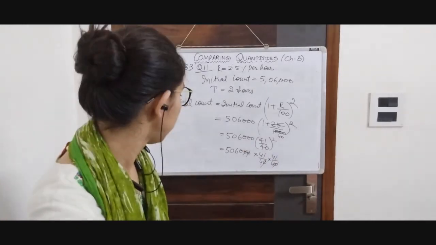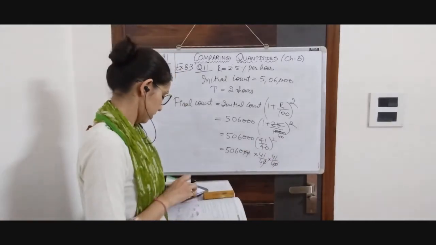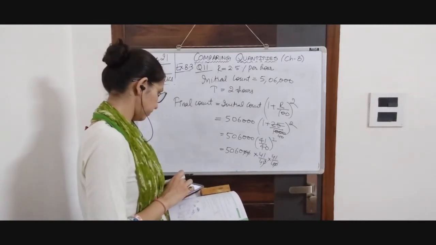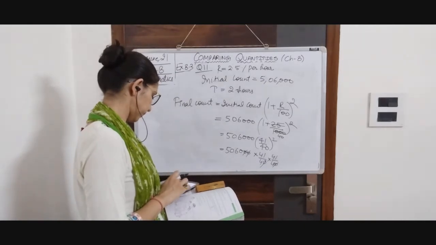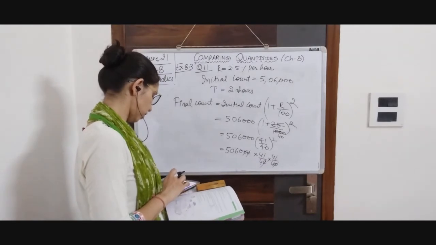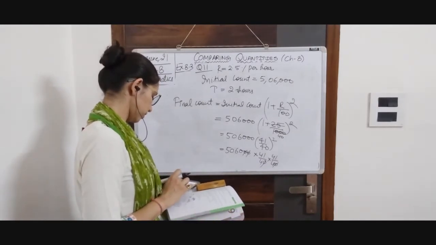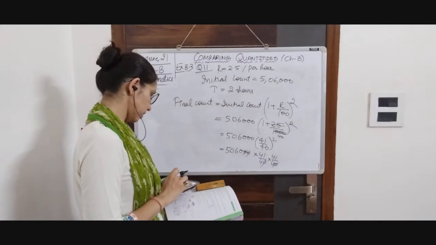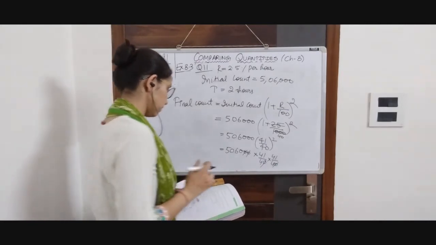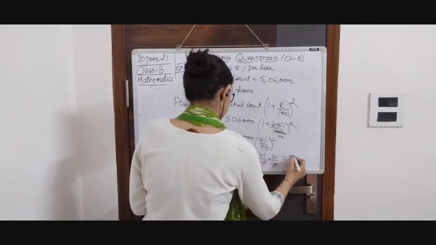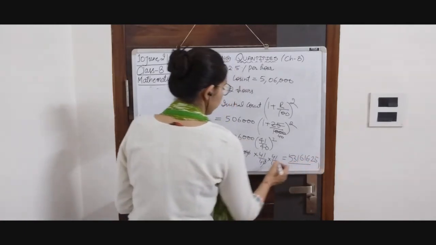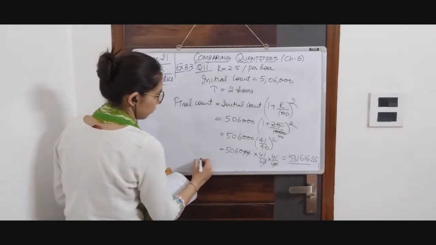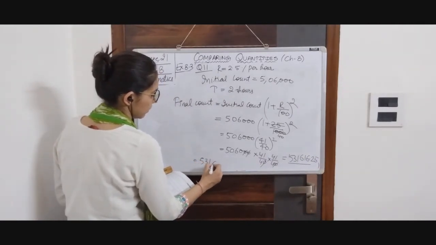Now I will divide. 5060 into 41 divided by 16, which is equal to 531,616.25, which is approximately 531,616.